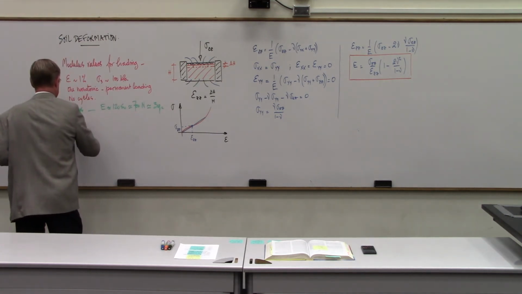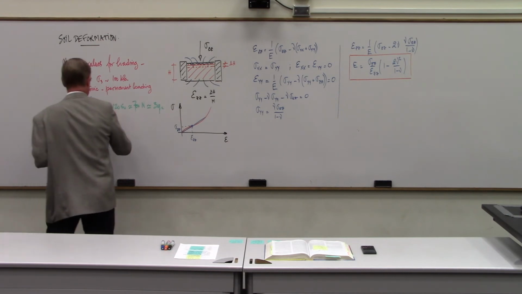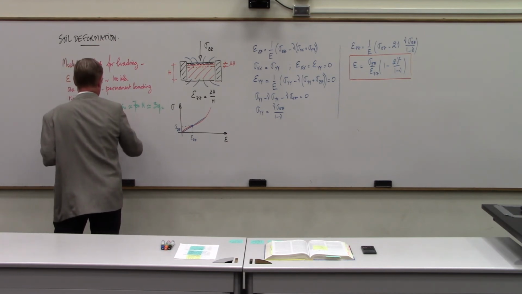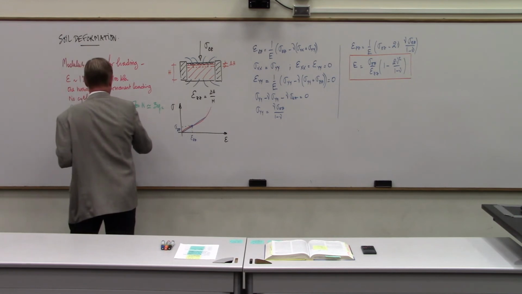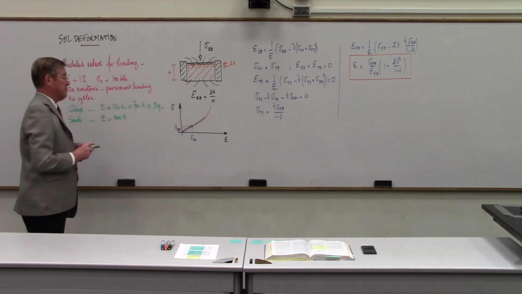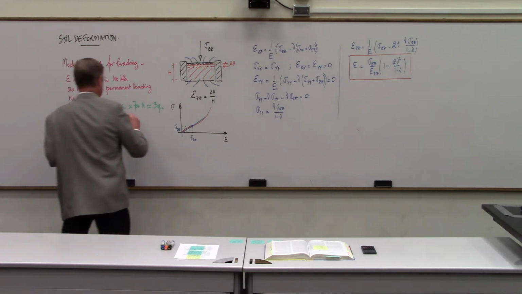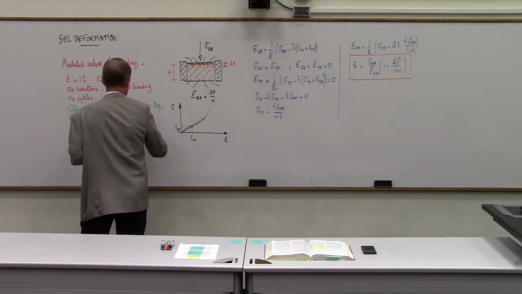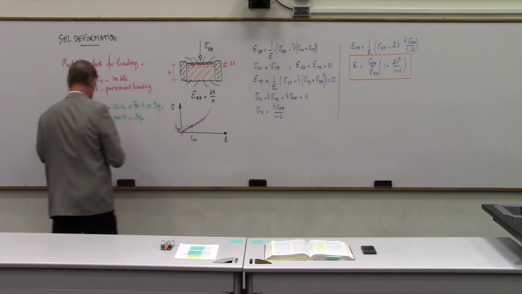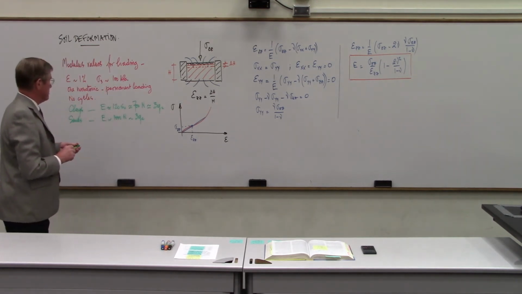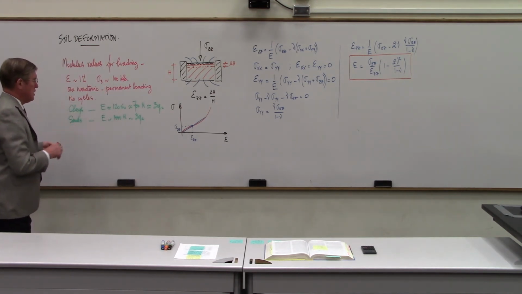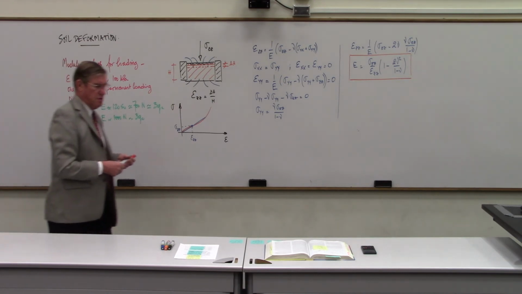In sands, I would say that the E value is going to be about 1,000 times the blow count from the standard penetration test, and also about 3 times the cone penetrometer resistance.